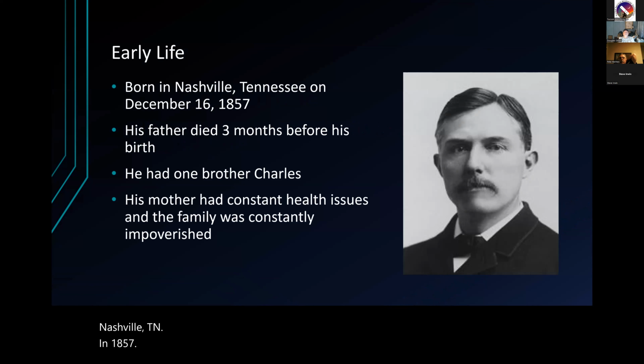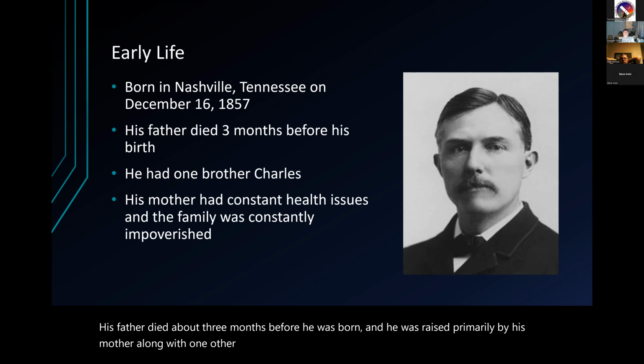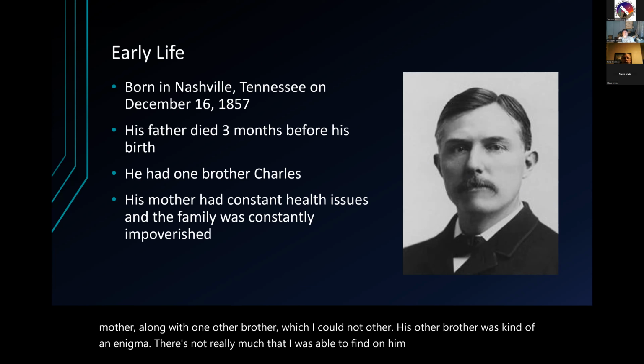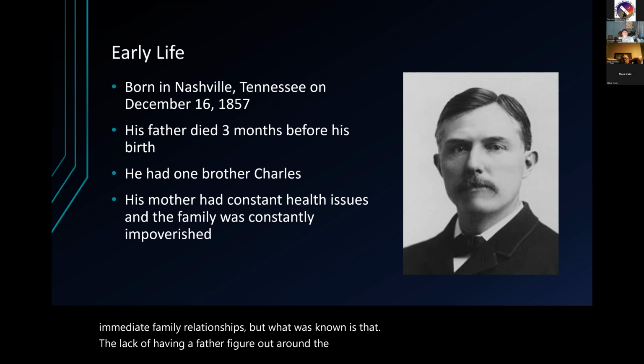His father died about 3 months before he was born, and he was raised primarily by his mother, along with one other brother. His other brother was kind of an enigma. There's not really much that I was able to find on him or about any of his immediate family relationships. But what was known is that the lack of having a father figure around the house contributed greatly to the family's poverty situation.